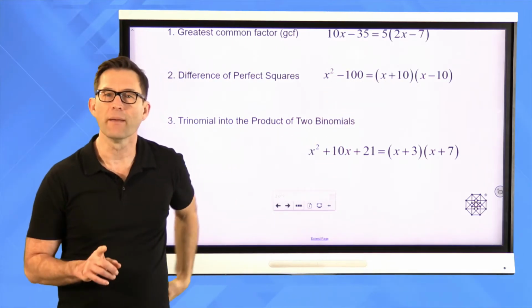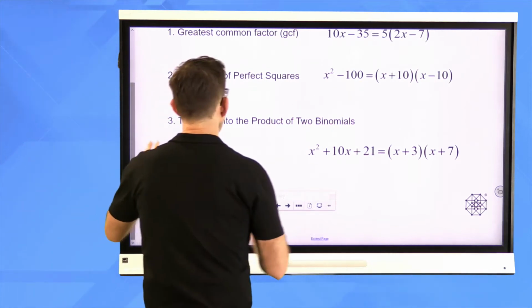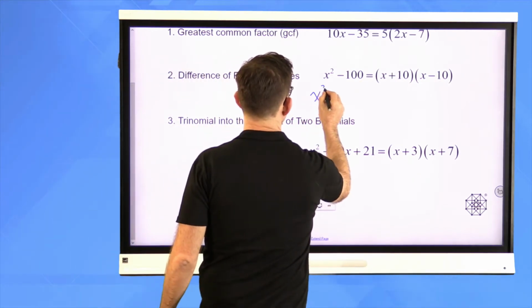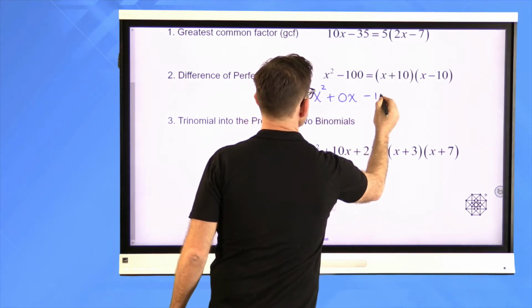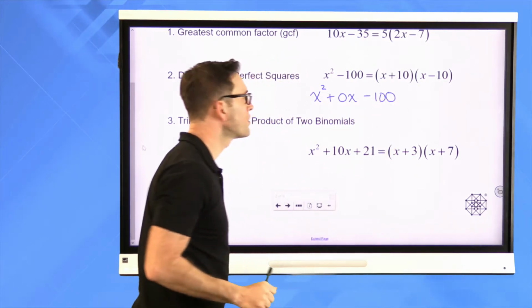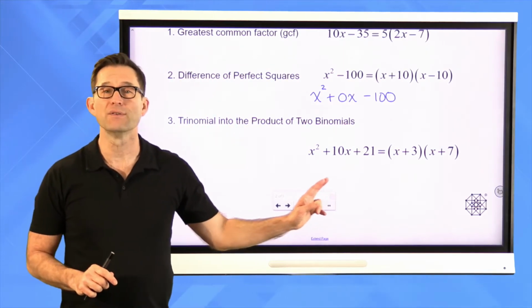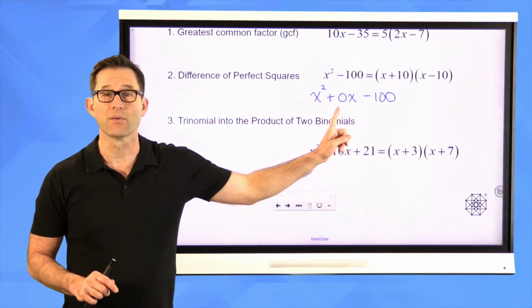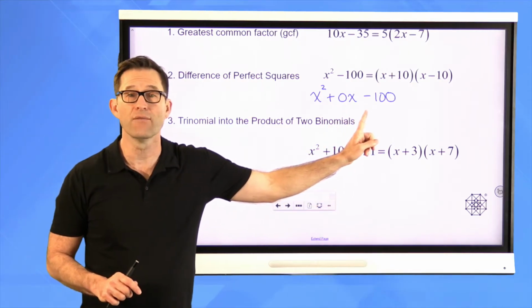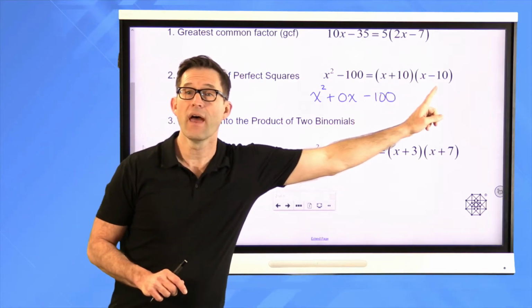But I could actually turn this into a trinomial by rewriting it as x squared plus 0x minus 100. Putting in a 0x doesn't change anything at all. Now, in light of what I just said, I'm looking for two numbers that have a sum of 0 and a product of negative 100. Well, those two numbers are 10 and negative 10.